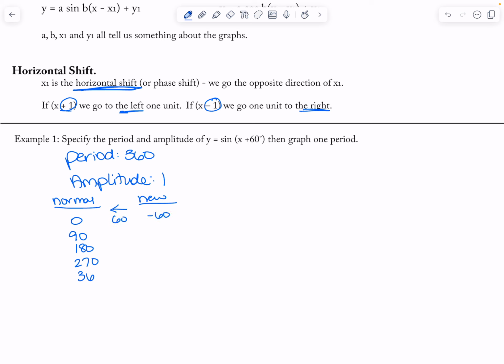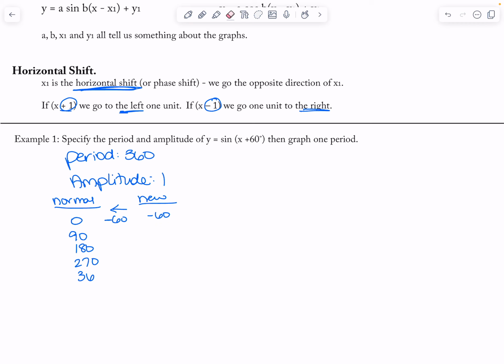So that's -60, -30, negative, no, just kidding, not negative. Yeah, -30. And then it's not -30.